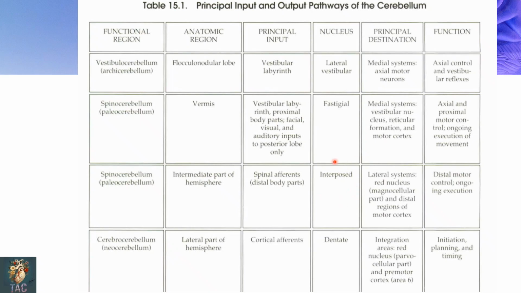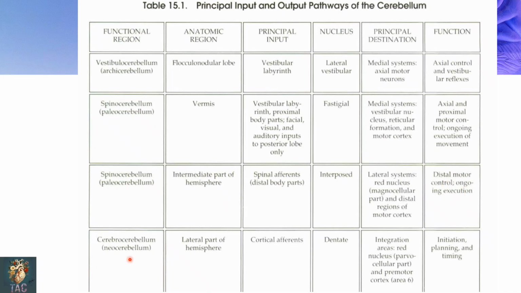The nucleus related to this is the interposed nucleus. It is the lateral system, related to the red nucleus, the magnocellular part, and the distal region of the motor cortex. It controls distal motor control and ongoing execution. So this one is axial and proximal motor control, and this one is distal motor control.